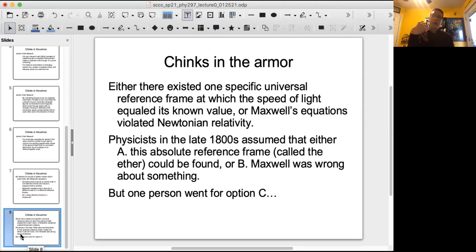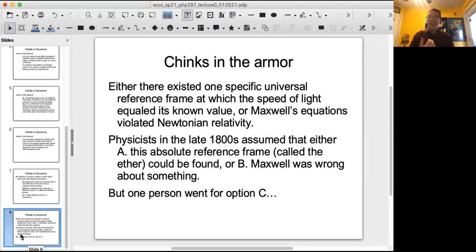He then followed where the mathematics led him, starting at that assumption and then going wherever the mathematics led him. And then he wound up drawing some very profound conclusions. So, that's what Maxwell did.